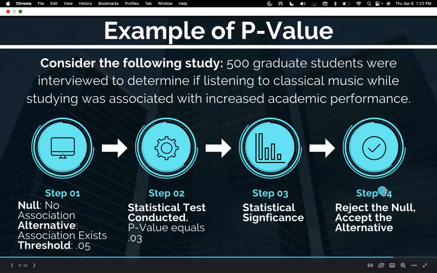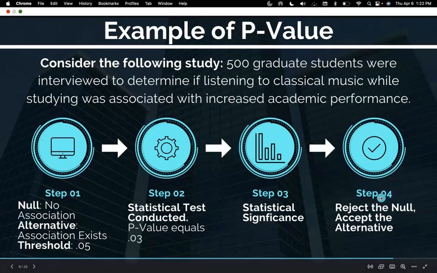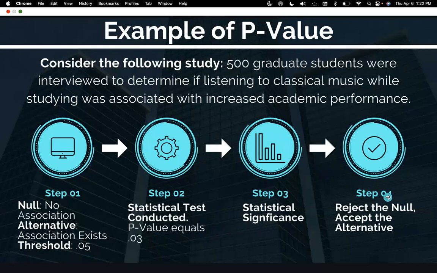For that reason, on to step 4, we can reject the null hypothesis and accept the alternative. So we can say that given the data that we have, we found that there is a statistically significant relationship between listening to classical music and having an increase in our academic performance.